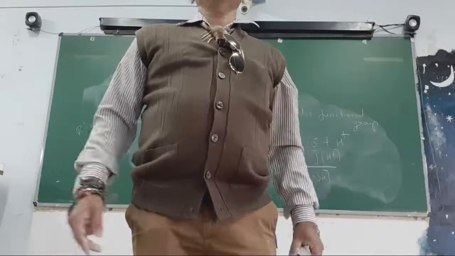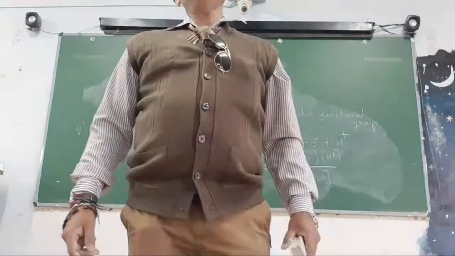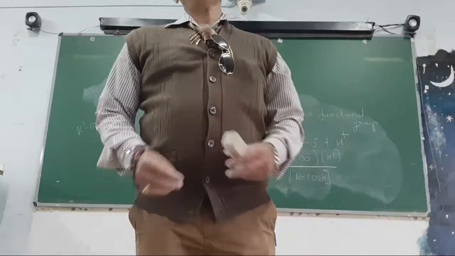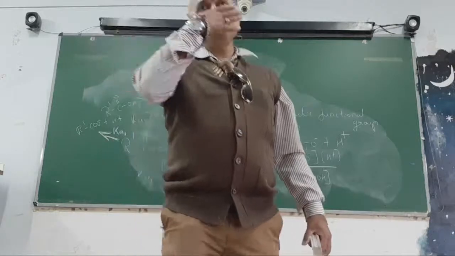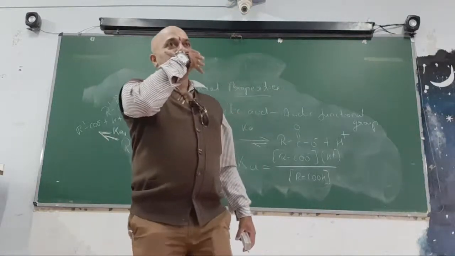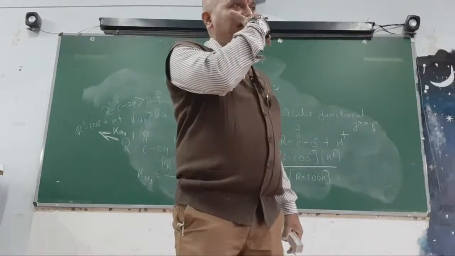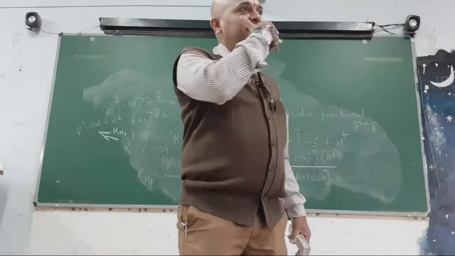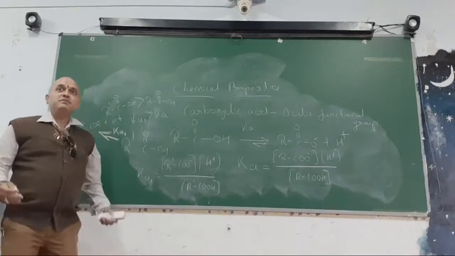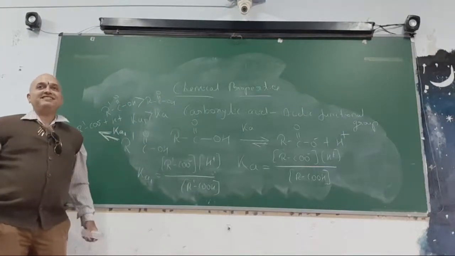Whether you have understood? Not understood? Because this much only I can see. Now I am laughing. Can you see my eyes? Whether I am laughing? You can see, right? That means our eyes will tell the story. But if you don't speak with your eyes also, then it will be difficult.